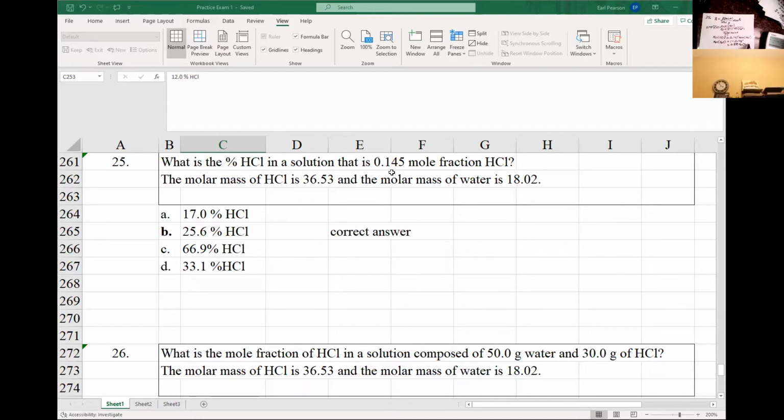Okay, so now we got the moles of each, so I can get the grams of the solute. We know this is the formula we were using.